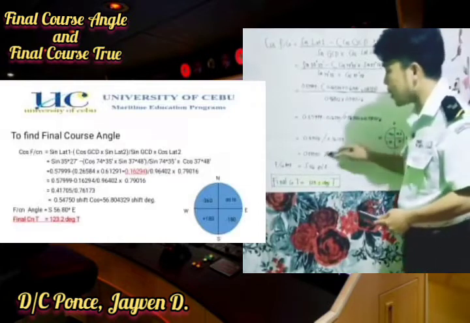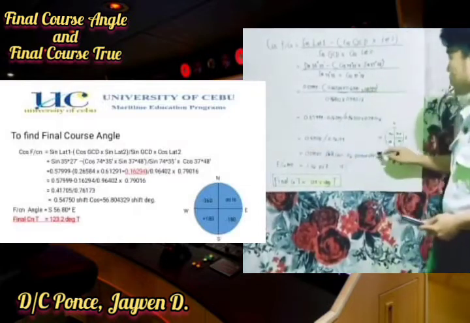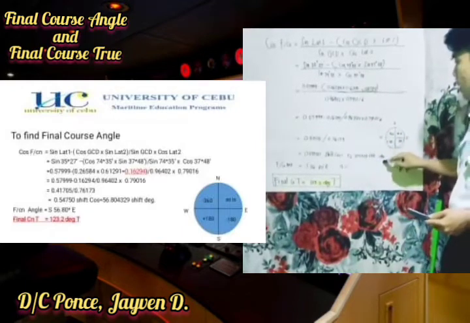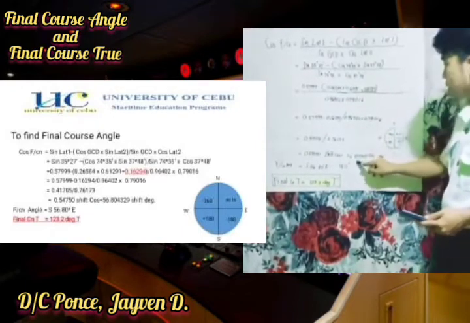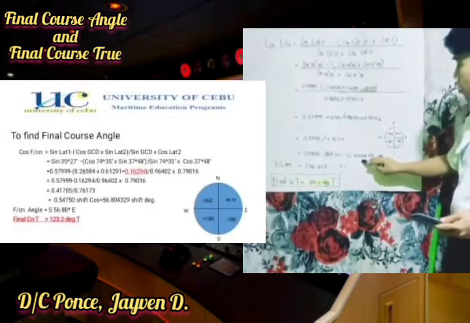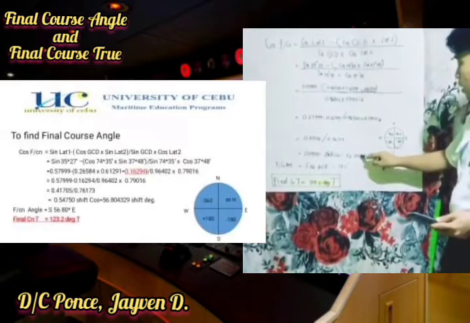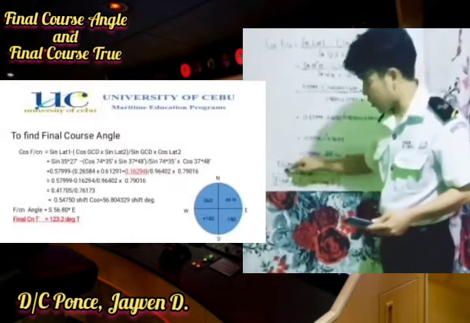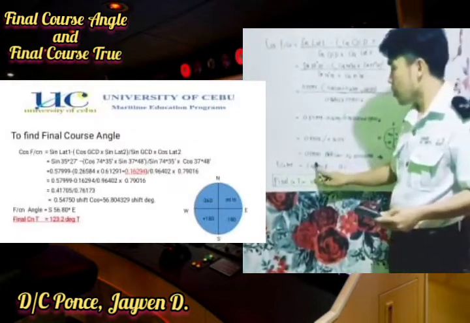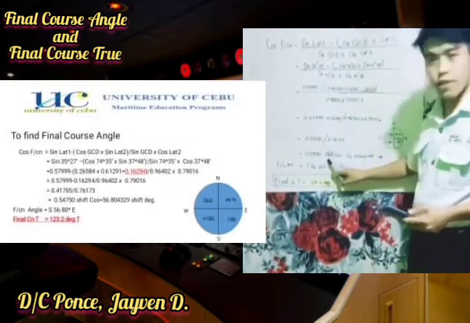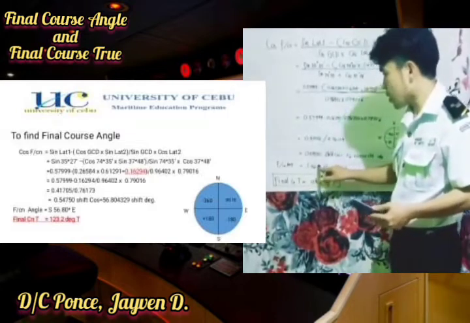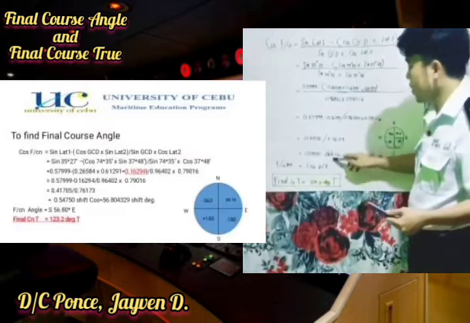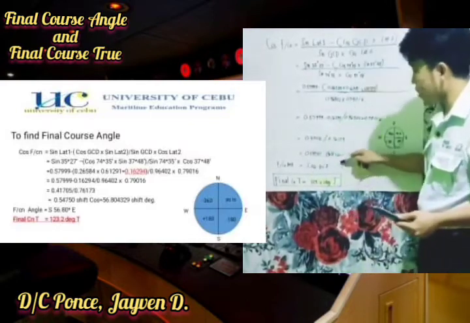To get the final course angle, we shift to degrees, minutes, seconds: 56 degrees 48 minutes 04 seconds, our final course angle. So our final course angle is south 56.80 degrees east.